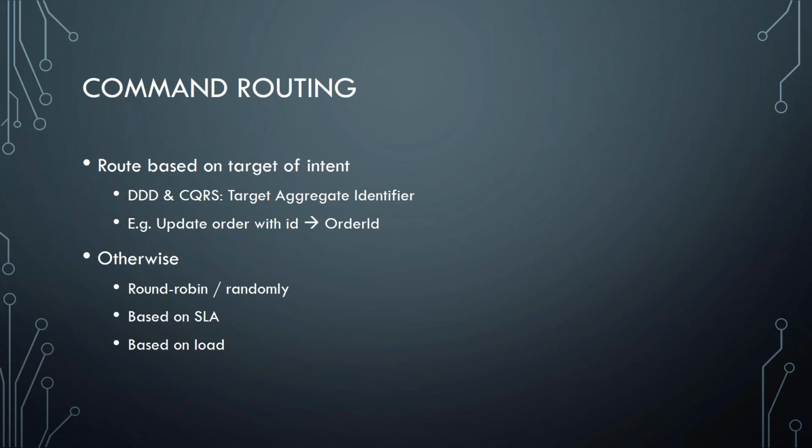At least this is how Axon does it: you route a command based on the target of your intent. So you can, for example, use an aggregate identifier if you have one. Say I want to confirm an order. Then that order is the target of your intent, so you can base the routing on the order ID. You can say, well, if the order ID modulo 3 is 0, I send it to that component.